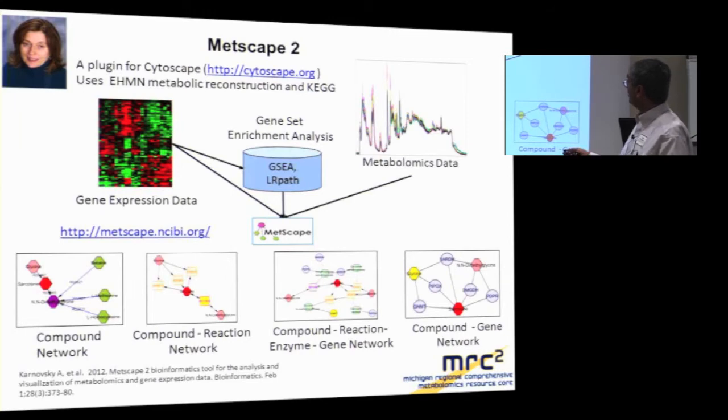And what you could do is input gene expression data and metabolomics data, combine all of them, and get this compound network, compound reaction network, et cetera. And Alla is going to be giving a talk, and also doing a session later to go through the nitty-gritty details of how you could use some of these tools in your own analysis.